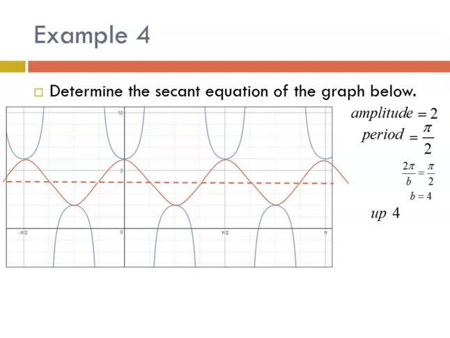So don't make it harder than it has to be. We can just say this has not shifted left or right. Okay, so now we can go ahead and write down the equation of the graph. Again, you can write it in terms of cosine first if you'd like, but you know that at the end you'll just swap out the cosine with secant. So we have y equals 2 times secant of 4x, in parentheses, plus 4.